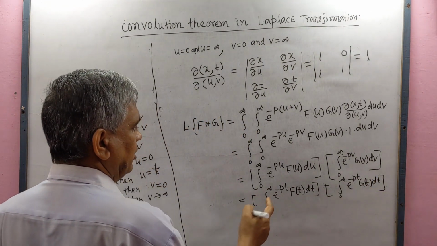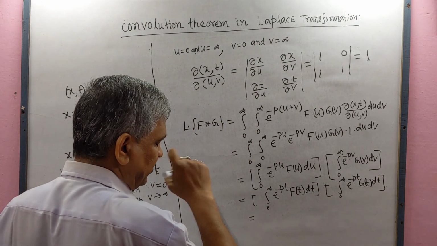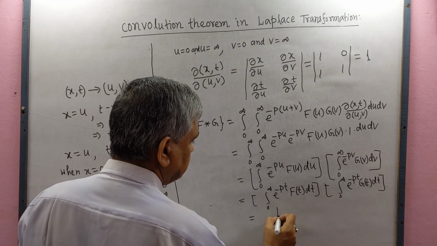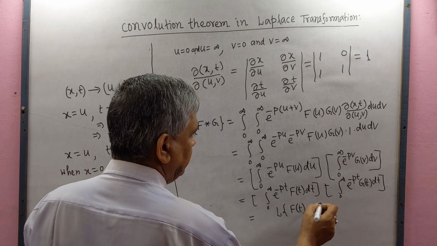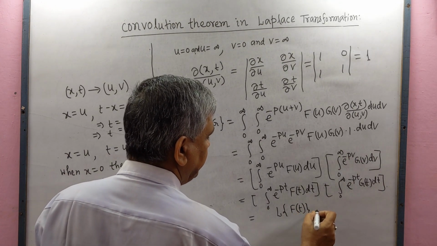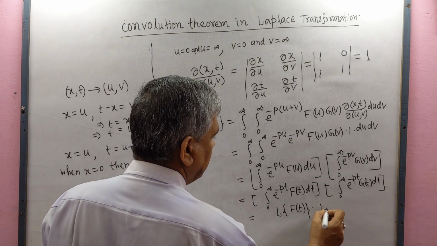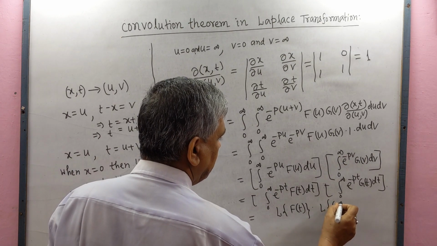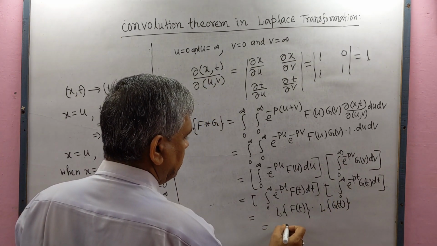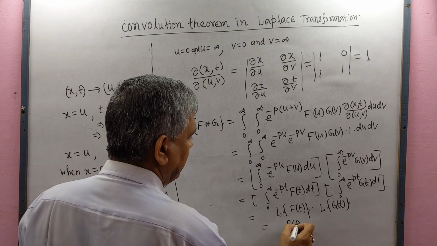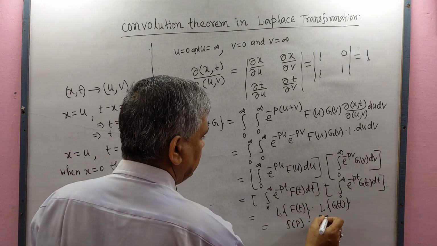This is the Laplace transformation of f t, and this is the Laplace transformation of g t. This is small f p, this is small g p.